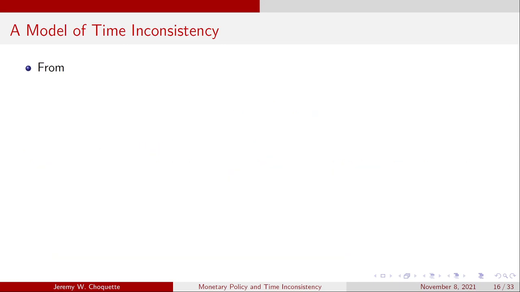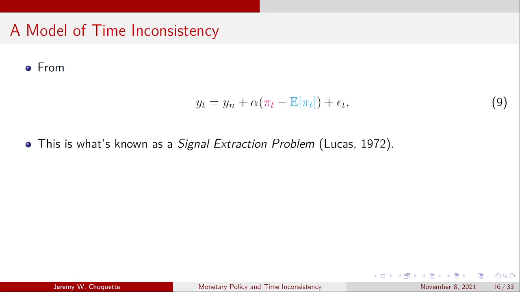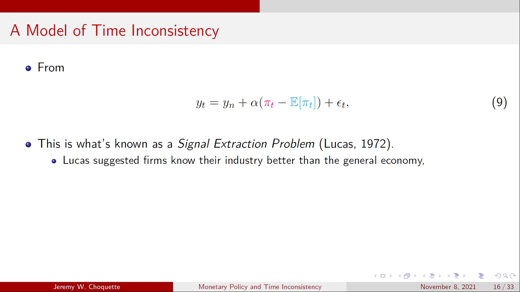So firms have to decide what amount of these price changes is the result of inflation versus just changes in relative prices. Now, from this equation, we have the signal extraction problem. Lucas suggested that firms know their industry better than the general economy does. What do I mean by that?